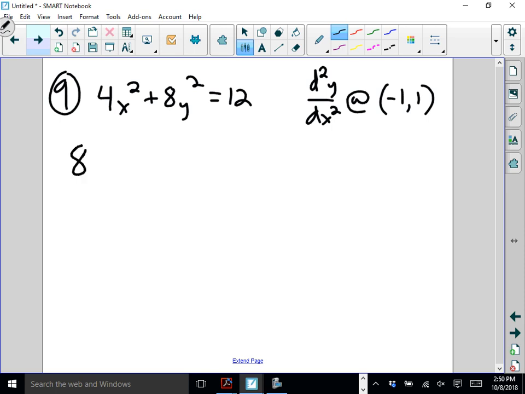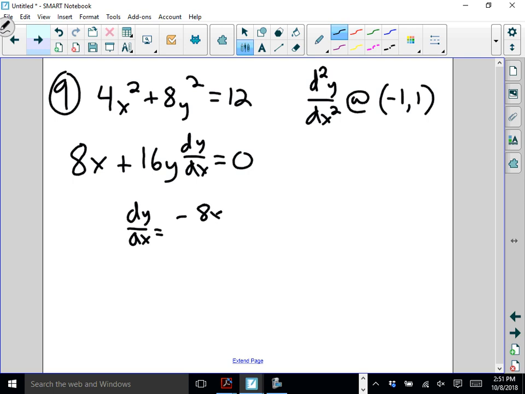I got 8x, nothing fancy there, plus 16y dy/dx equals 0. Nothing too crazy there, no product rule, no chain rule, no quotient rule. Just have to remember when I derive y, I get dy/dx. Now I'm going to subtract 8x and divide by 16y, and I get dy/dx equals negative 8x over 16y.